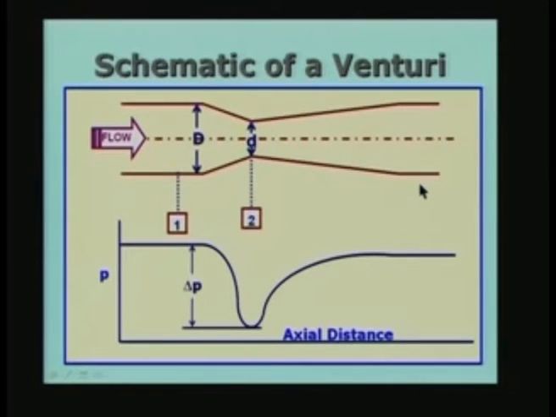The venturi itself is a fairly long thing, compared to either the orifice plate, which is just a small plate with a hole in it, or the nozzle, which is a short thing. So, the disadvantage of the venturi is that it requires a long length for installation.